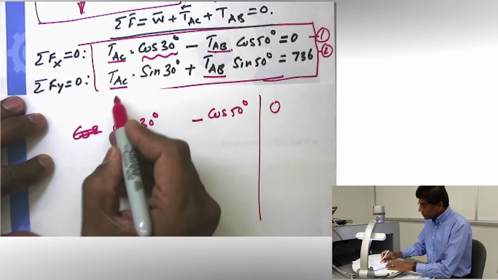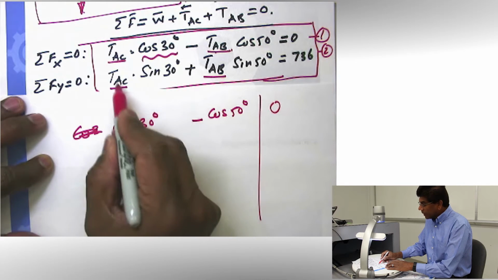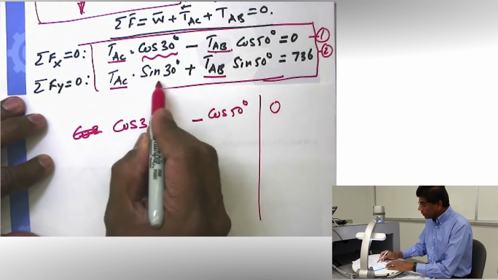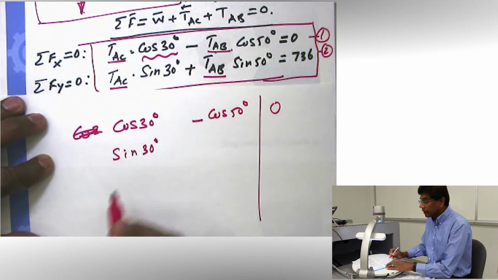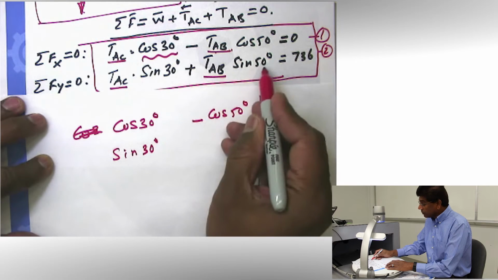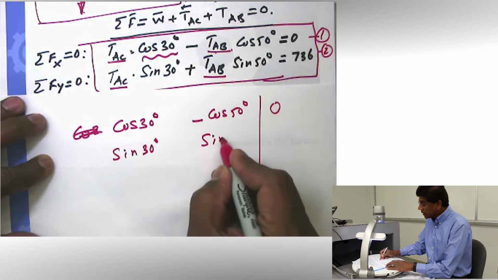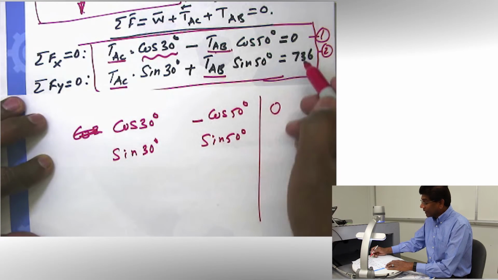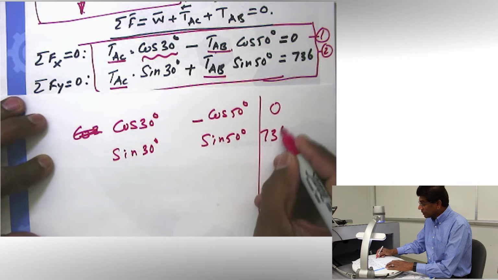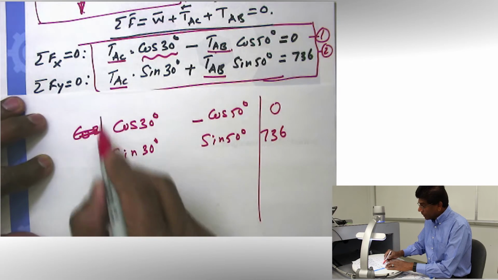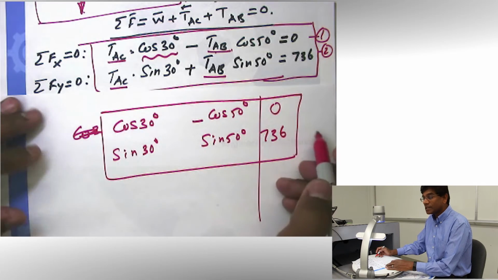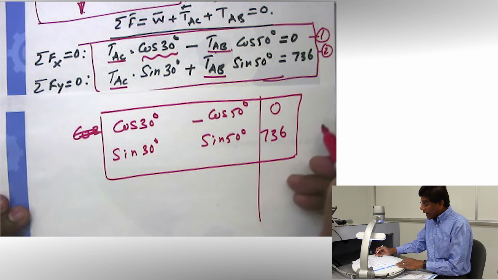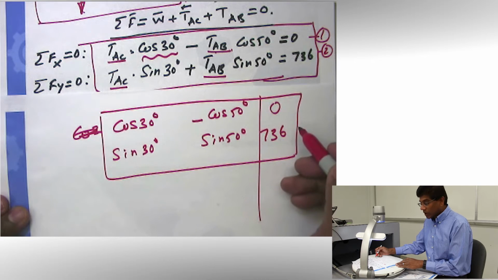Next equation, tension in cable AC is here, which is an unknown, and the coefficient is sine 30 degrees. Next term, the coefficient is sine 50 degrees, and the right-hand side is 736. This is your matrix. This is the coefficient matrix. This is your right-hand side. Please figure out how to input this into your calculator.